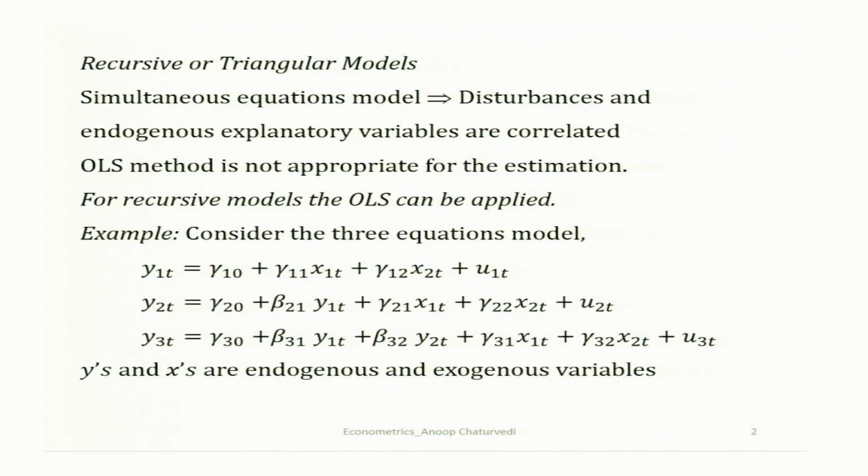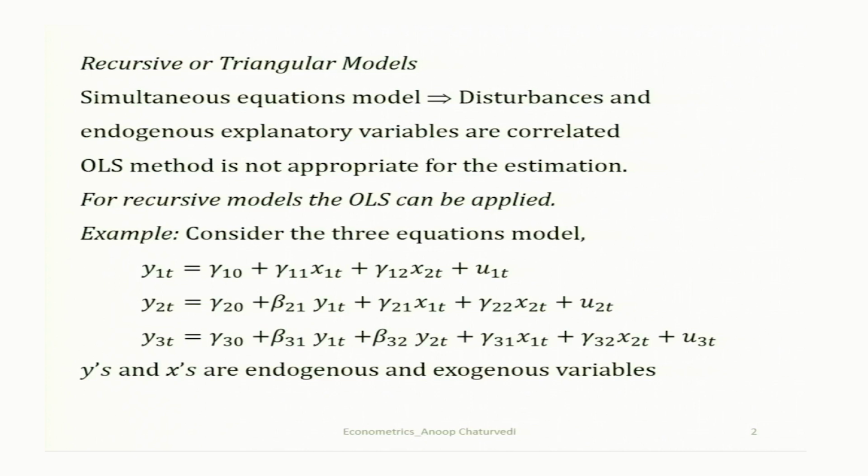In the second equation, y2t is equal to gamma 20 plus beta 21 y1t plus gamma 21 x1t plus gamma 22 x2t plus u2t. So, you have y1t here.